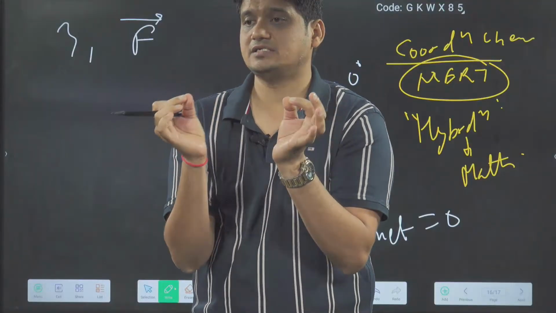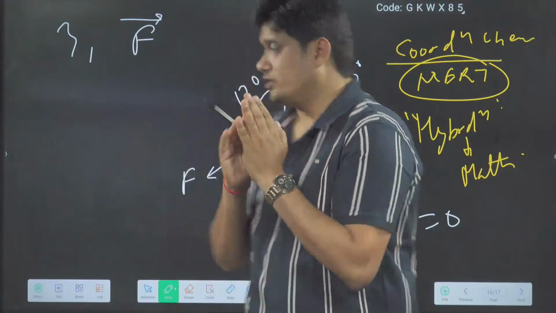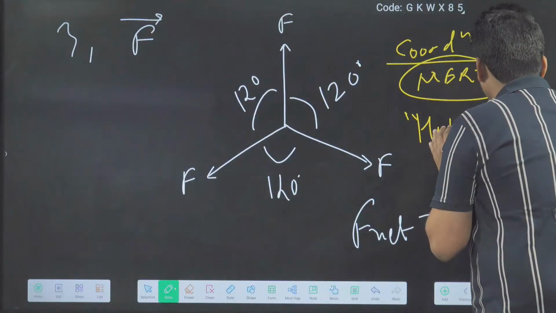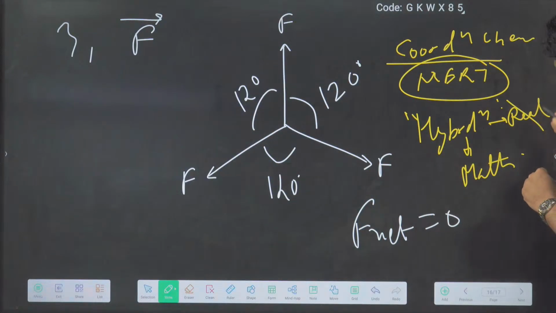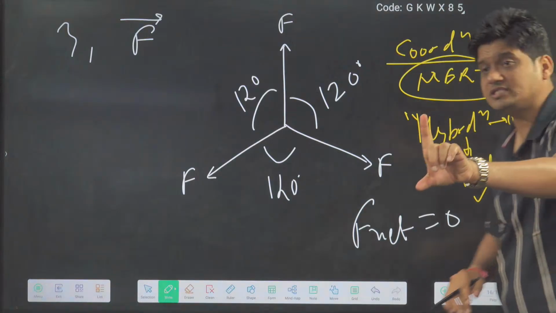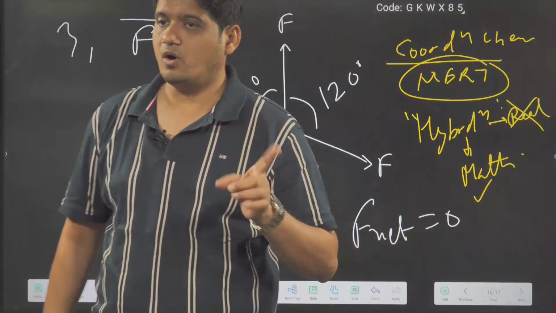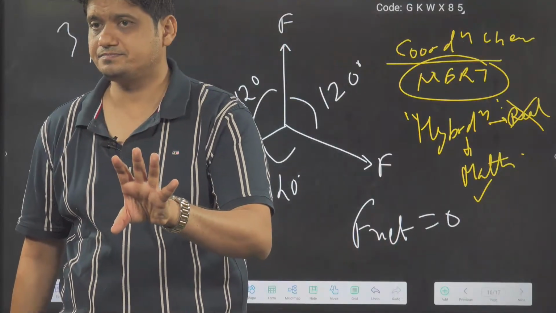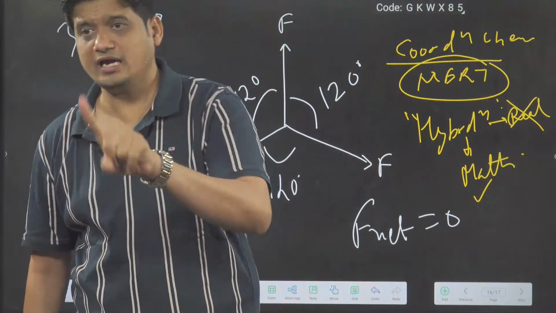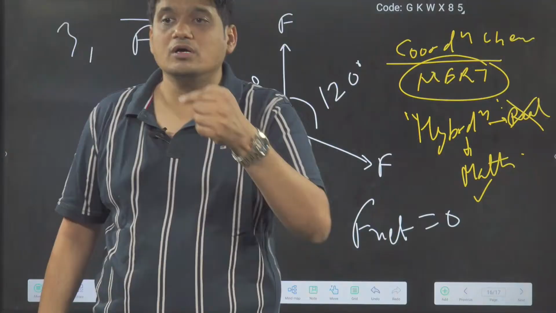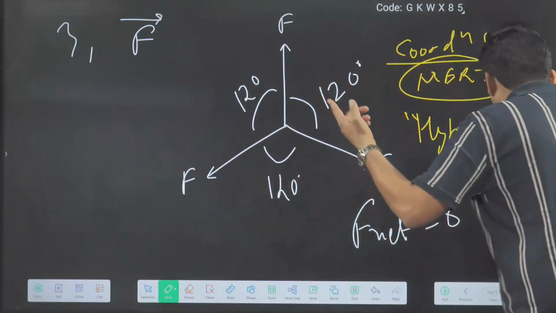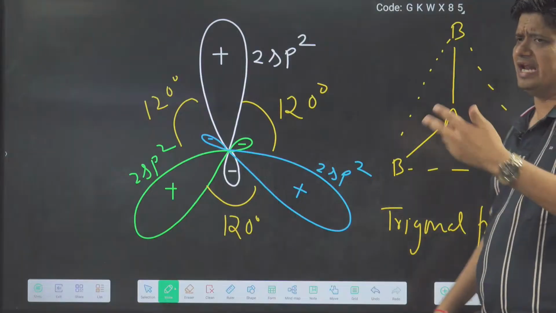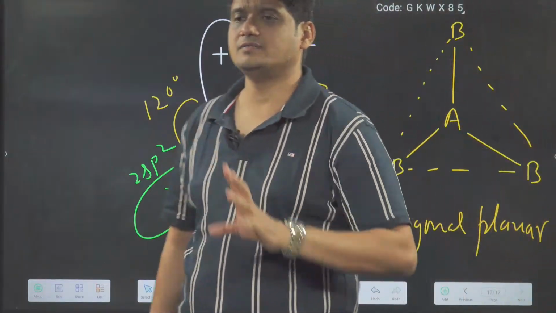So tell me, is hybridization real or mathematics? Hybridization is not real. It is simply mathematics. Molecules are real. But the concepts we are using to explain the structure of molecules, like hybridization or overlapping, are hypothetical.